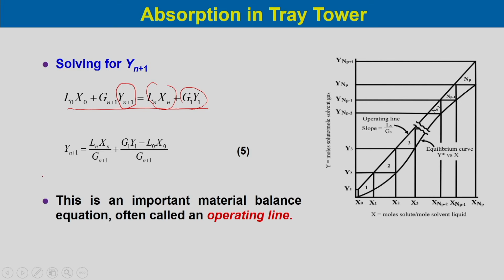This is an important material balance equation, often called an operating line. You can see the operating line has an intercept with the known composition, G 1 y 1 minus L naught x naught by G n plus 1, and this is the slope of the curve into x n.